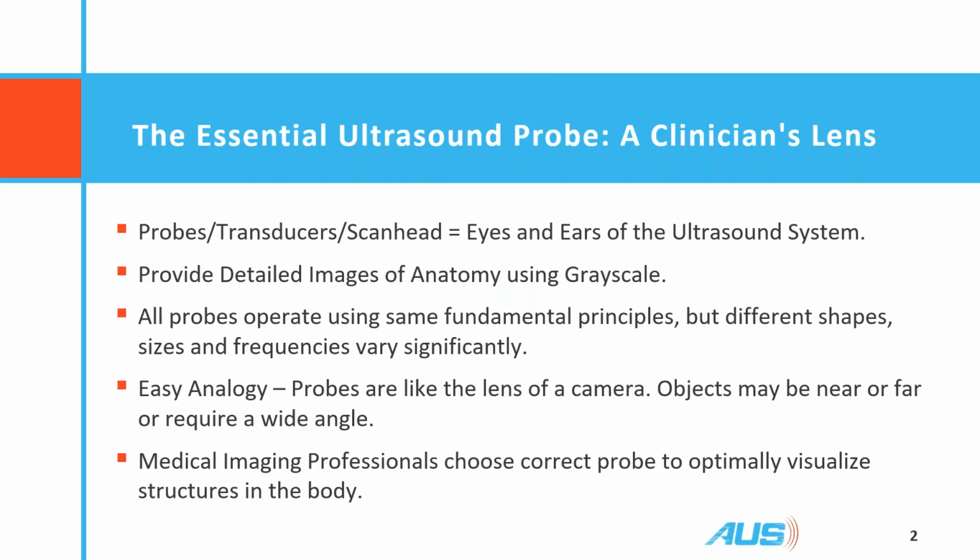We don't want to use, as an example, a linear probe to do maybe a cardiac study, because they're never used in that manner. And we'll talk more about that throughout this presentation. But the whole point is to choose the correct probe to get the correct image of the structure in the body you're looking at.